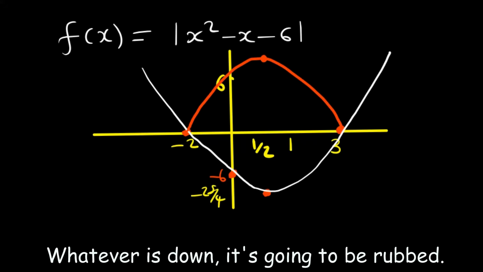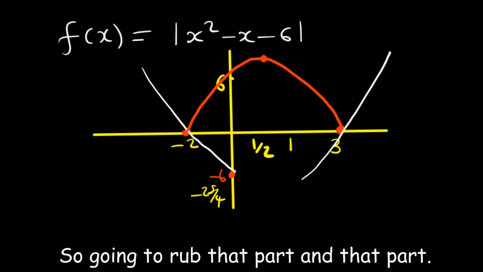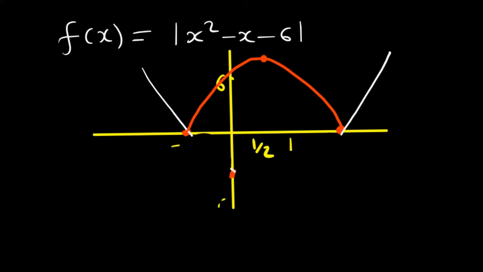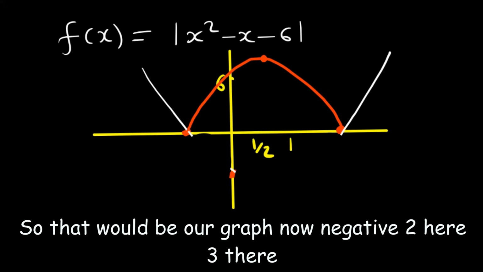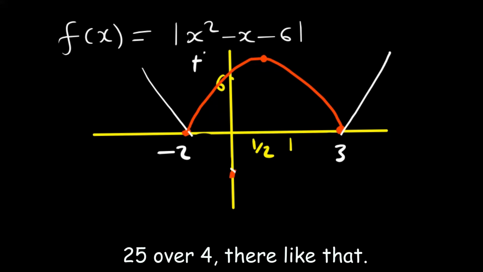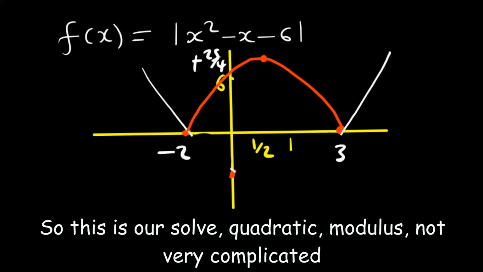Whatever is down is going to be rubbed out, so we're going to rub out that part and that part. Okay, so that will be our graph now. Negative 2 here, 3 there, and that is positive now, 25 over 4 there, like that. So this is how you solve a quadratic modulus. Not very complicated.